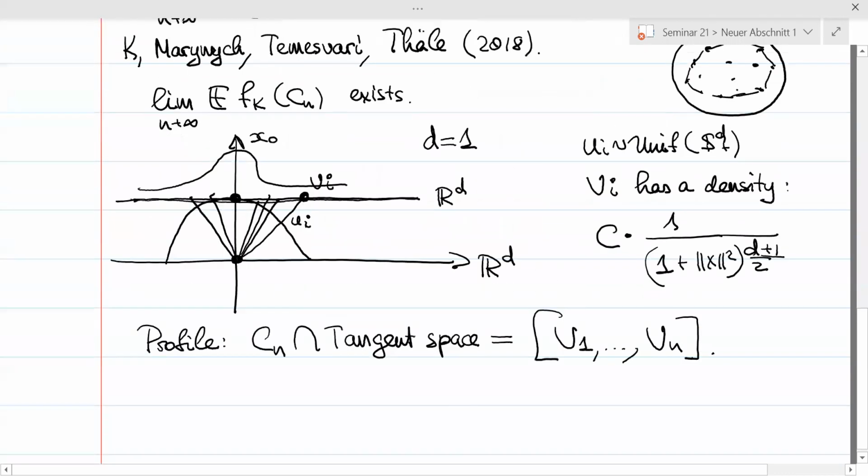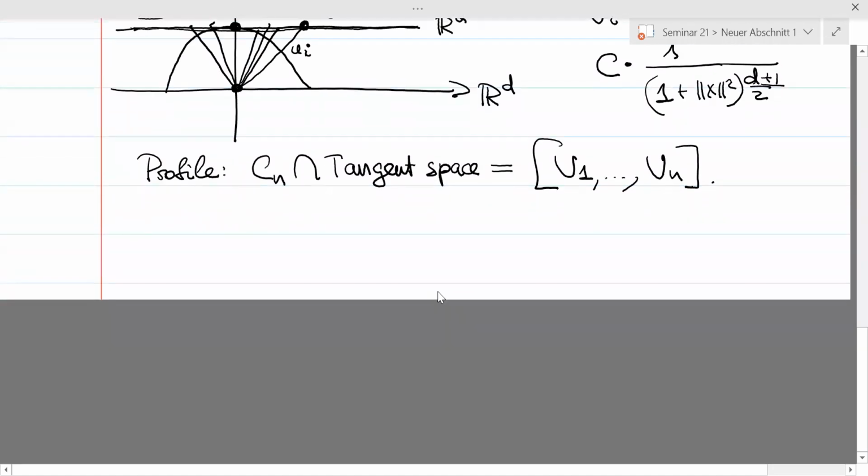So I have to take points with this Cauchy distribution and then I take their convex hull. This convex hull is called the beta prime polytope. I will introduce beta polytopes somewhat later. And the question is, what is the behavior of this polytope as n goes to infinity?